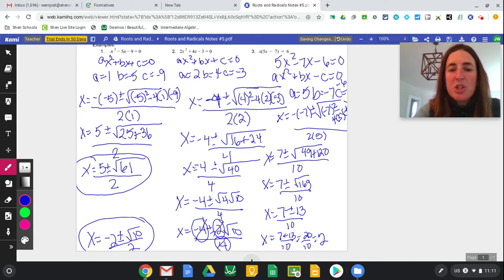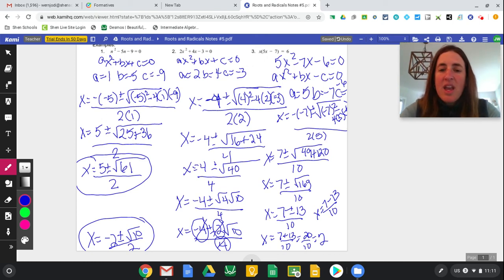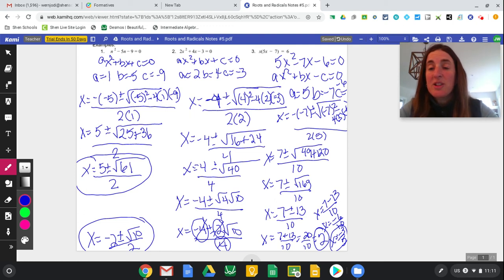And then I'm going to do x equals 7 minus 13 divided by 10. 7 minus 13 is negative 6 over 10. And if I reduce that, that's negative 3/5. So negative 3/5 and 2 are my 2 answers.